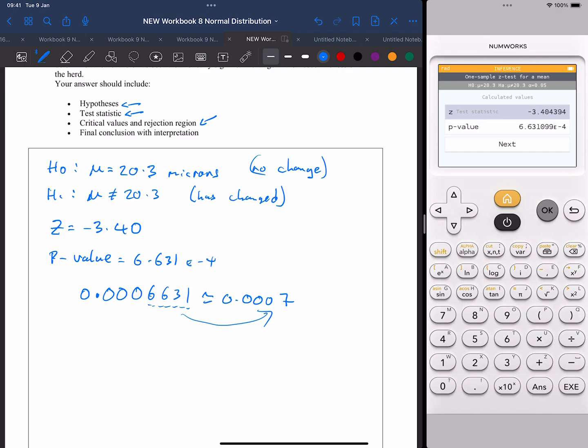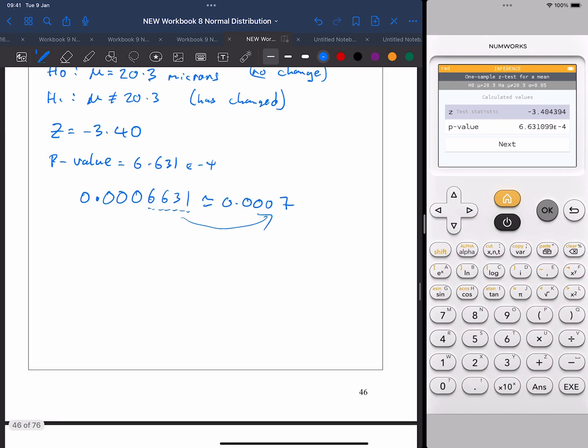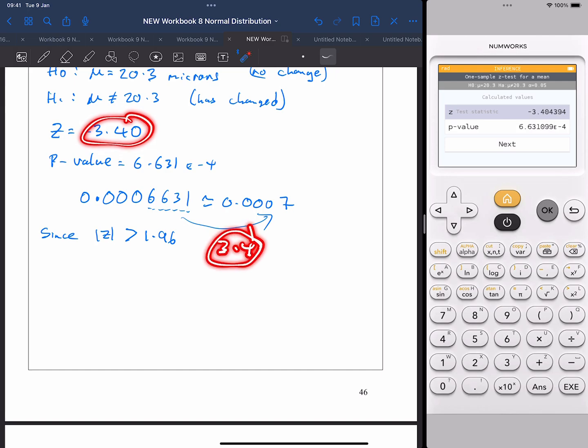is the two-tailed test. Since in our case the z-score, when you make it positive, that's what these two lines mean, the modulus, the absolute value of it, becomes 3.4. And 3.4 is indeed greater than 1.96.